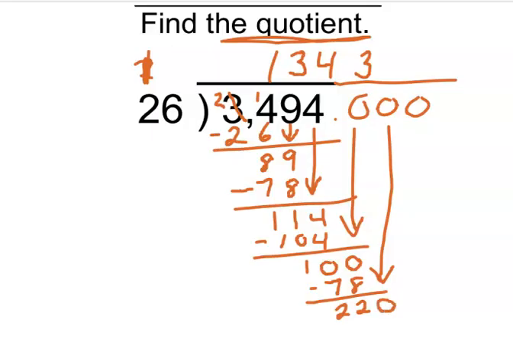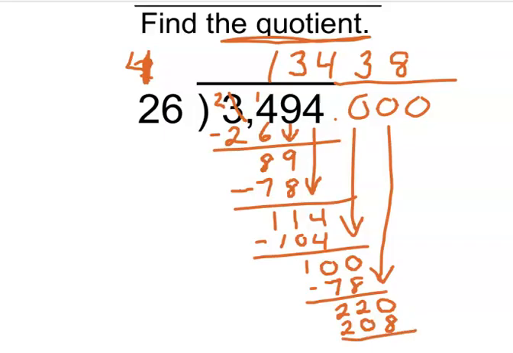All right, how many times is 26 going into 220? Well, I know 8 sets of 25 will give me 200. So let's go ahead and just go with the 8. Let's see what happens there. 8 times 6 is 48. 8 times 2 is 16, plus 4 more, 20.